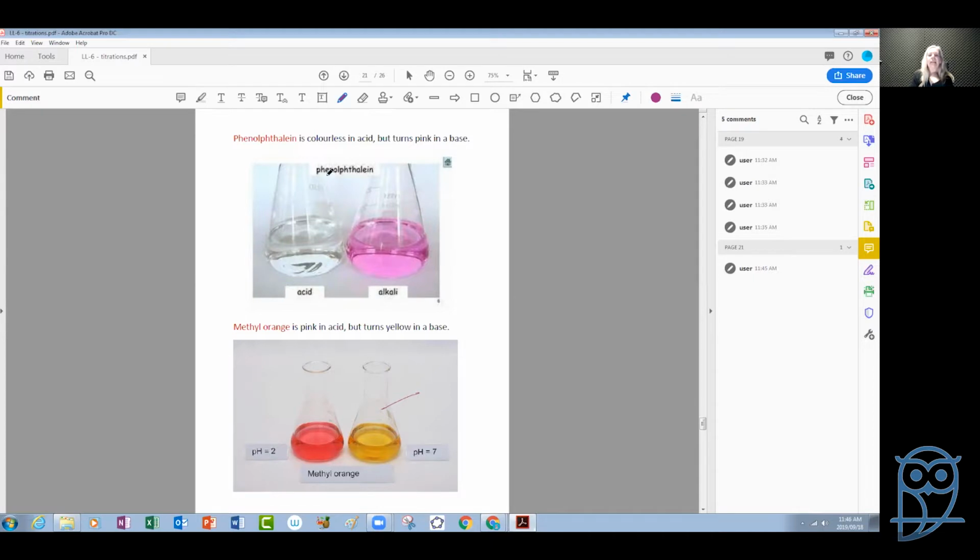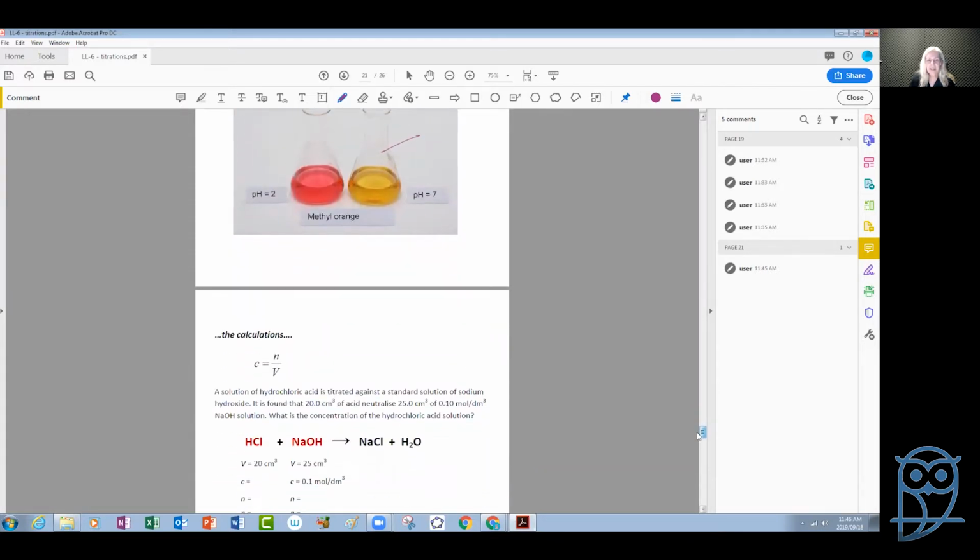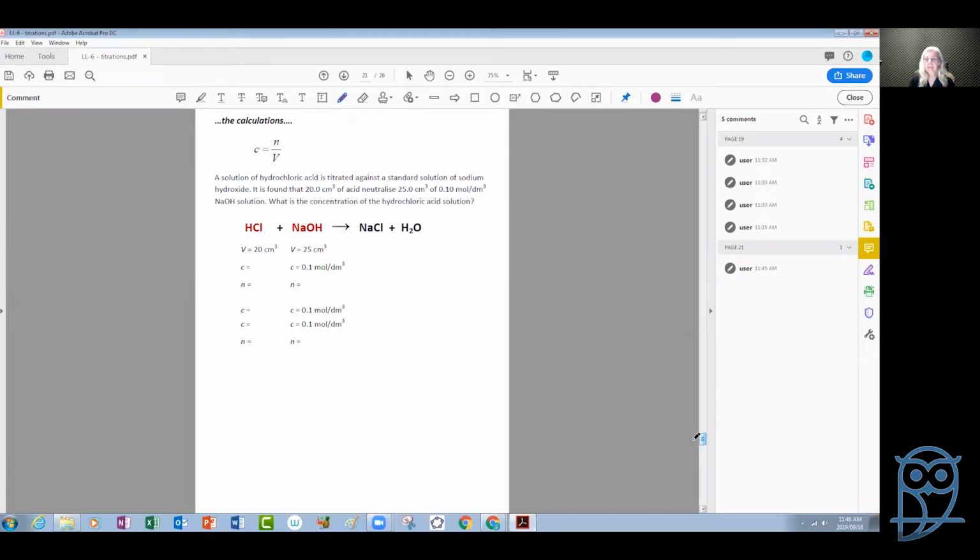So when we add the phenolphthalein in acid, it's colorless, and if we add a basic solution, it reaches a point where it changes into pink, and vice versa. So these are the changes from pink to colorless or from yellow to red. So these are just to have an idea of how these indicators work. Now that we have an idea of the procedure of the titration, why do we do the titration?